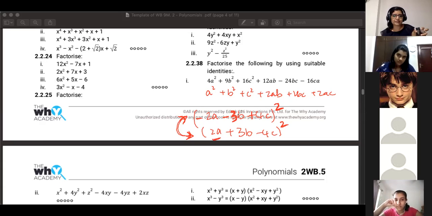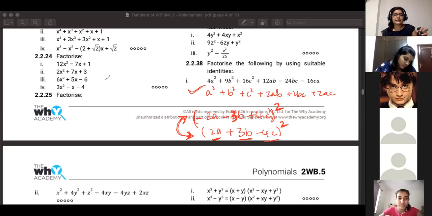Minus 1 into minus 3b, I get plus 3b. Minus 1 into plus 4c, I get minus 4c. And minus 1 whole square is equal to 1, right? So essentially, when you square both of them, I get the same answer.